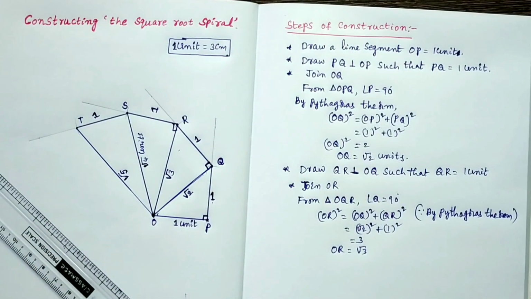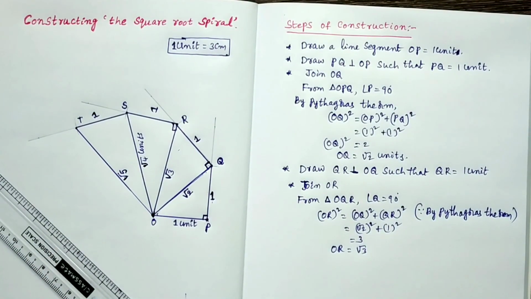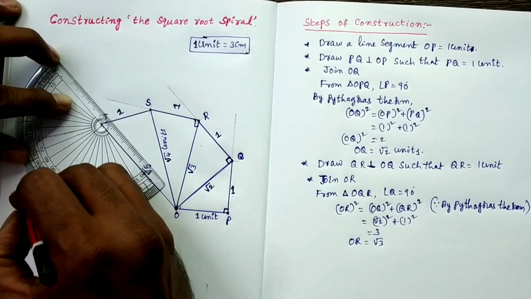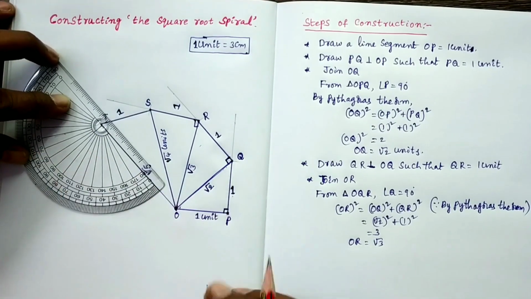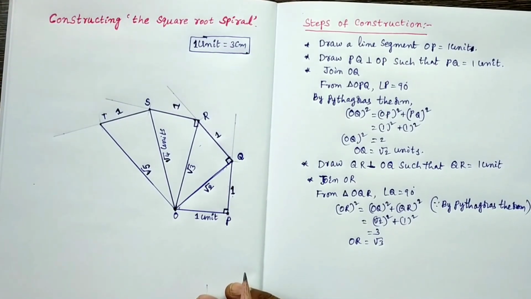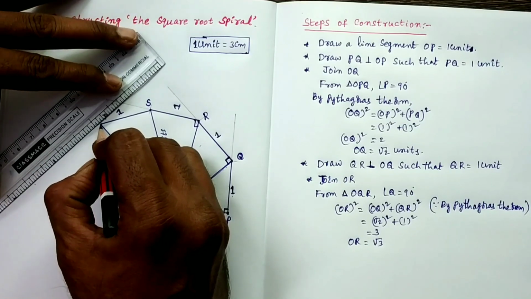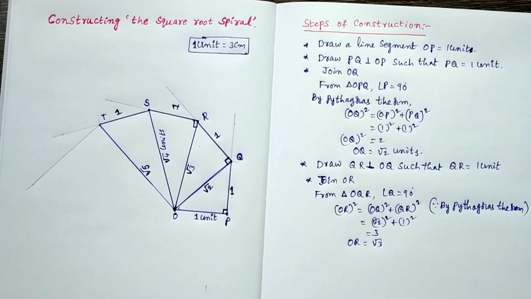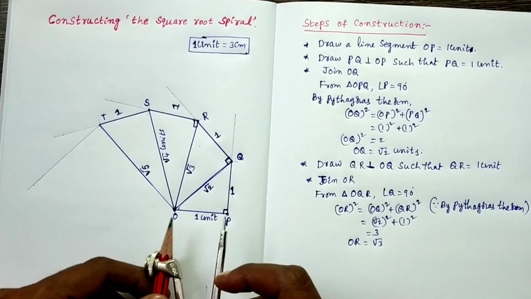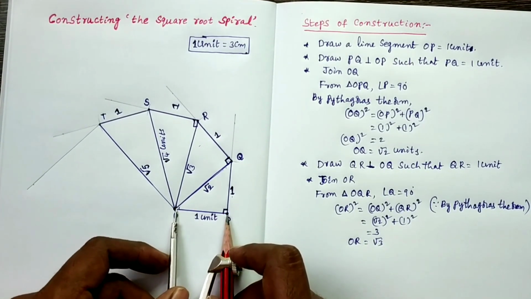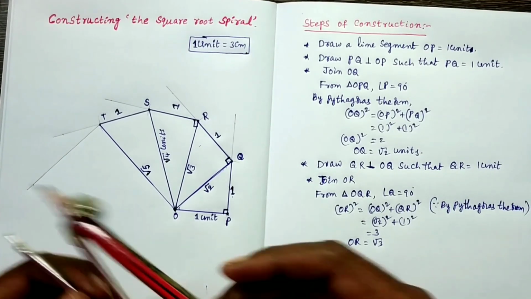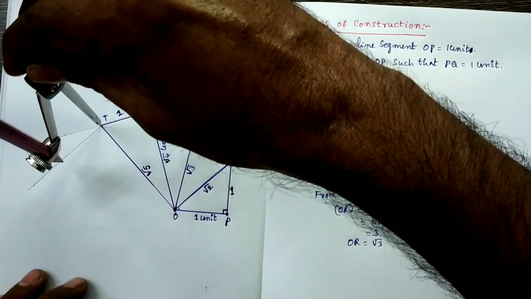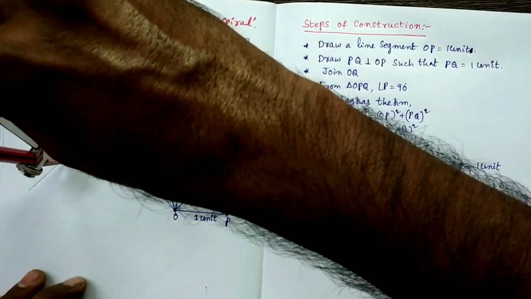Again you draw a perpendicular line to OT. Take 90 degrees. Draw a perpendicular line to OT, and take 1 unit as radius with compass and take T as center. This 1 unit as radius, draw an arc.